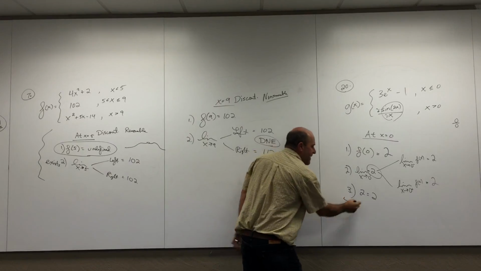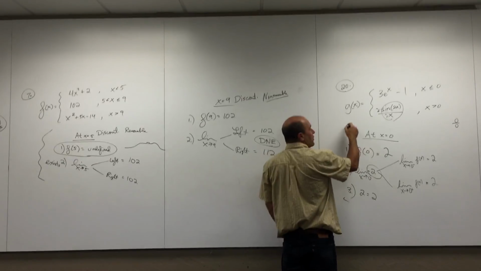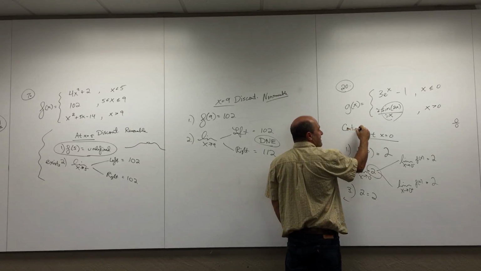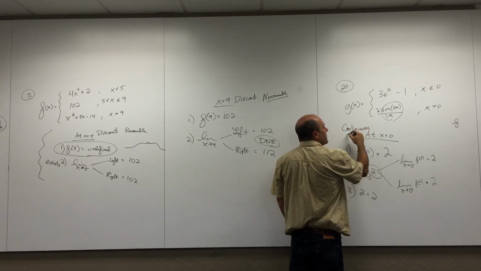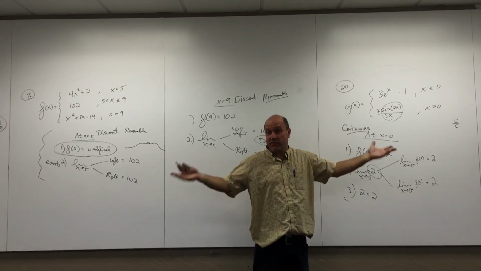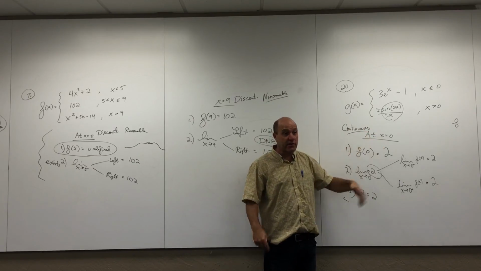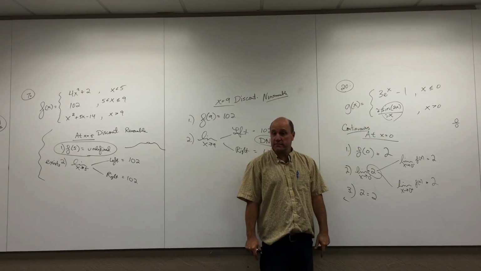We passed the test. This guy is continuous. All you really proved is it's continuous at this point, but there were no other points to investigate, so we know it's continuous everywhere. What we just proved is that it's continuous at x equals 0, and there are no other discontinuities.